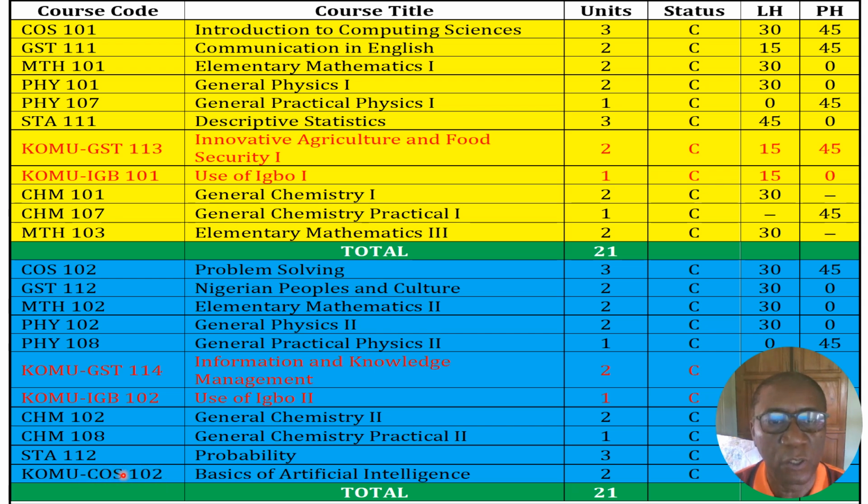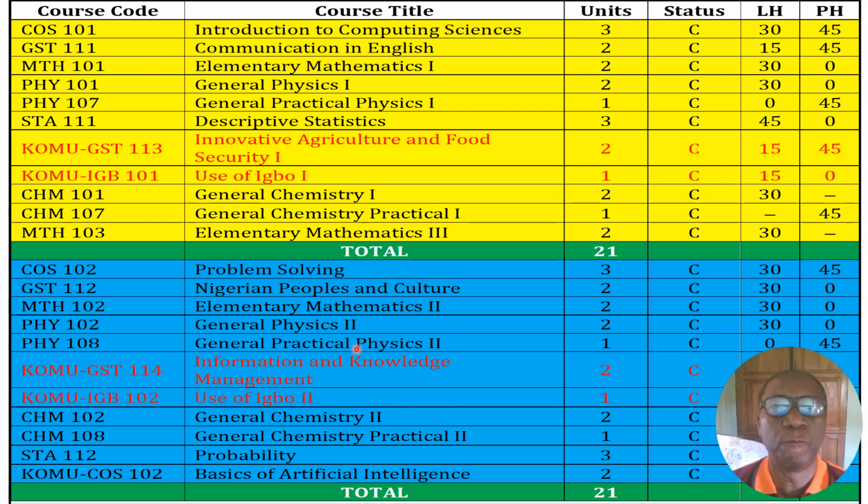We intend that all the programs under Faculty of Computing, when it eventually takes off, should be offering this course. It's compulsory for them. But then any other program outside the Faculty of Computing can also take it. So definitely it is not a GST course that is compulsory for all students in KOMU.